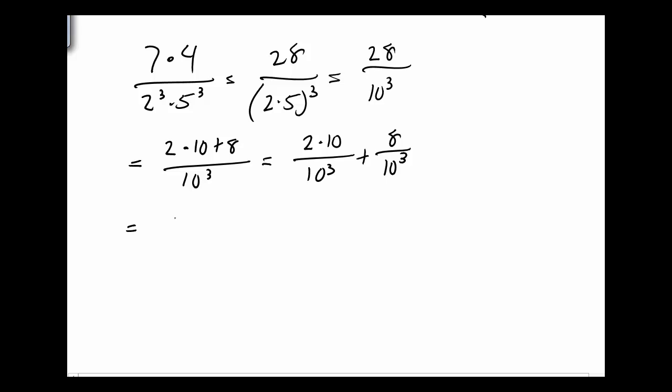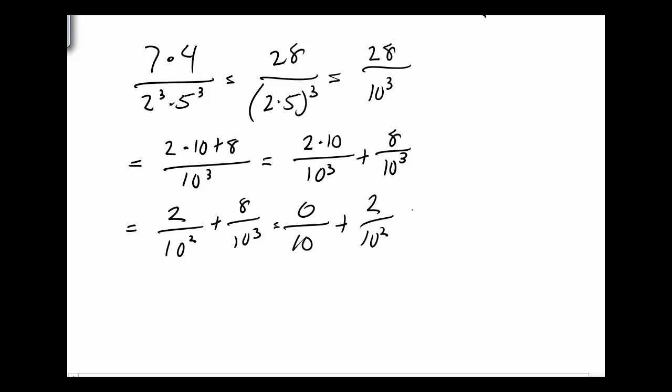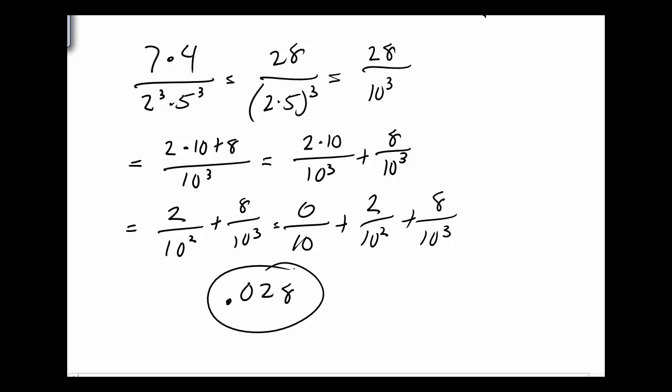And so that translates into 2 over 10 squared plus 8 over 10 cubed. So let me fill in the other positions that are missing so we can see where the 0 goes in the place value. So that's 0 over 10 plus 2 over 10 squared plus 8 over 10 cubed. So we can see that it's 0.028. Yay!